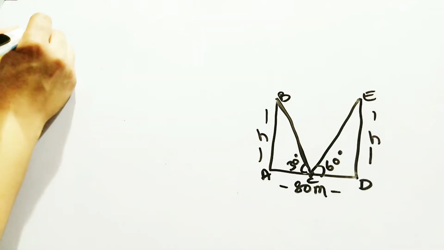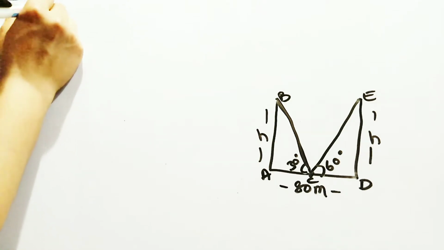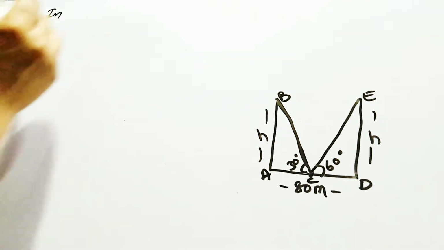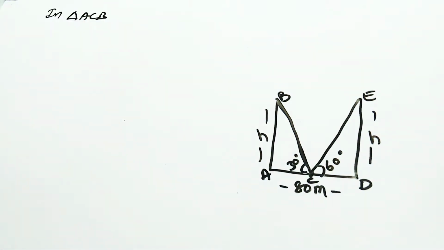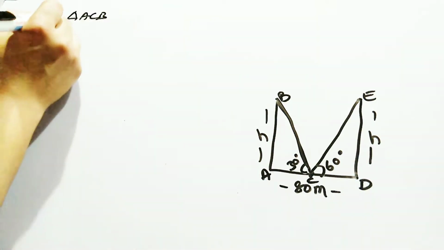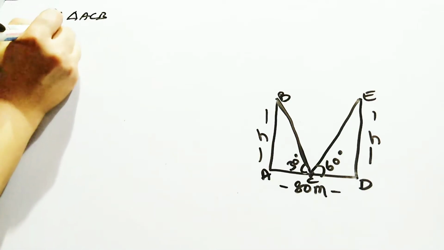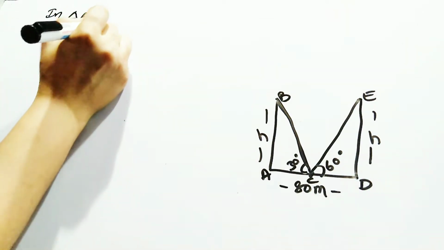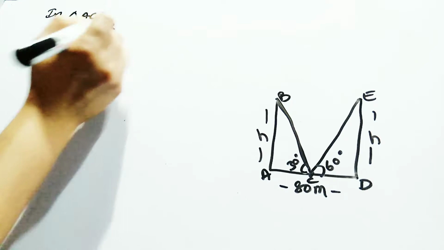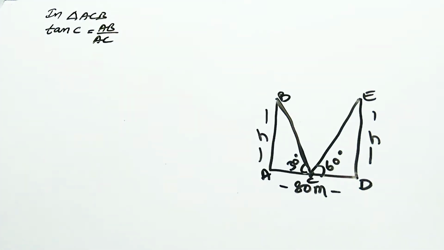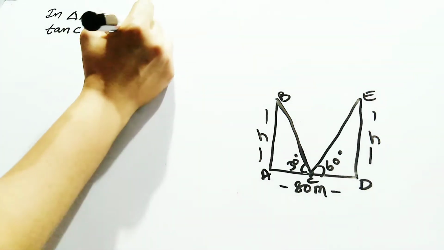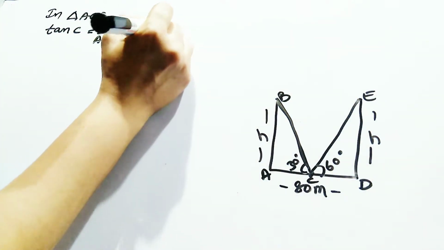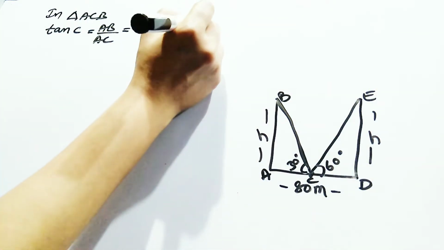Let's find out in triangle ACB. In triangle ACB, tan C is opposite by adjacent. What is your opposite? AB. What is your adjacent? AC. So tan C is nothing but tan 30 degree equals AB by AC.